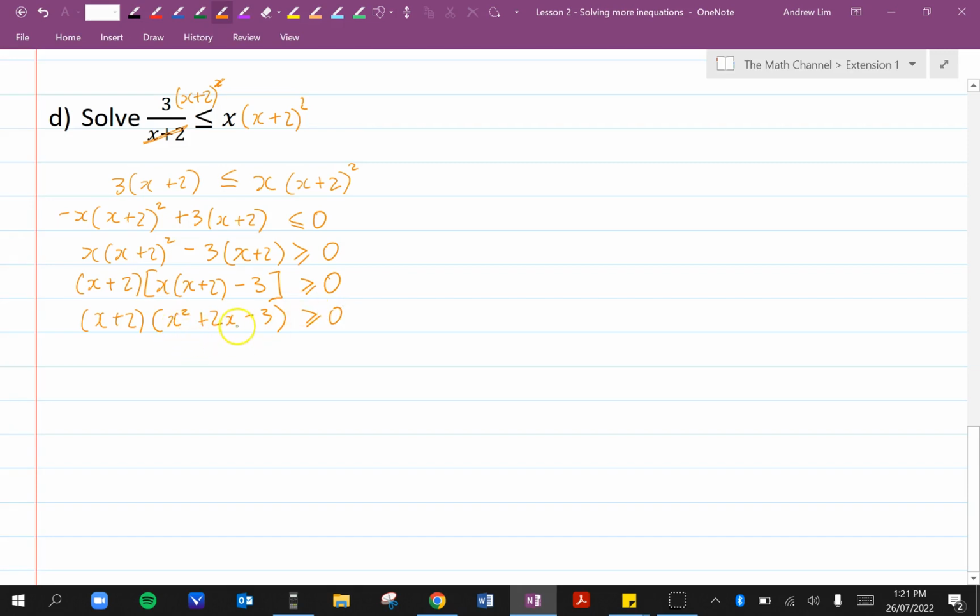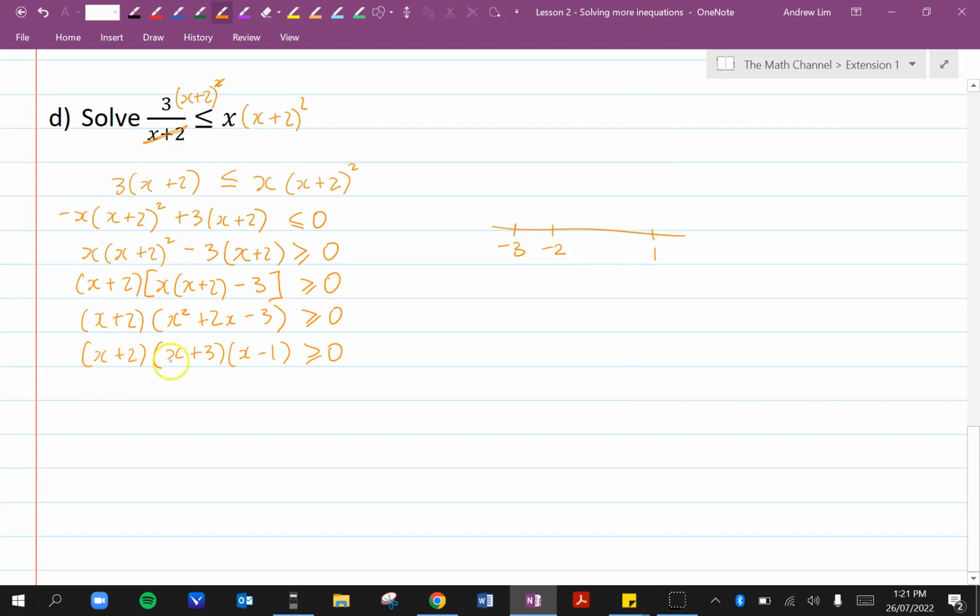And what we notice here is that we've got a monic quadratic trinomial, which we can factorize. So let's factorize that to x plus 3, x minus 1, greater than or equal to 0. And now this is fully factorized. We can see here that the x-intercepts are minus 2, minus 3, and 1. So make sure we write it correctly. This is minus 3 here, minus 2, and 1 is all the way over here.